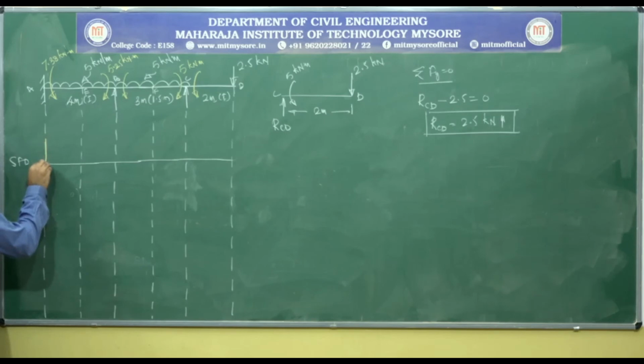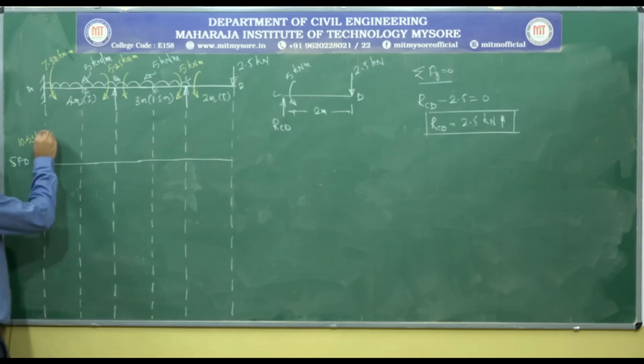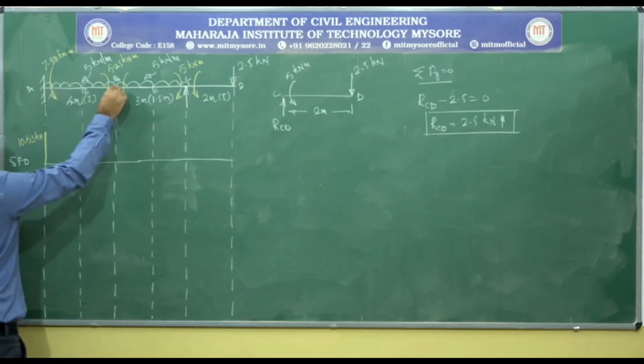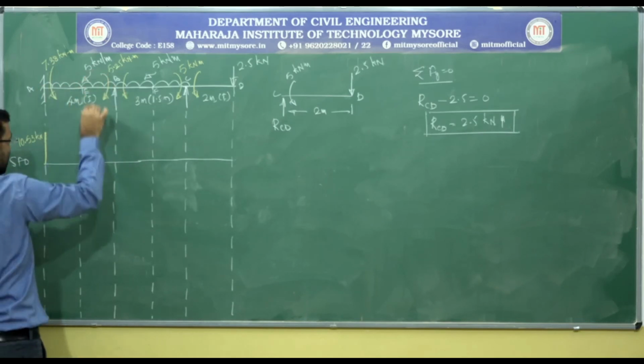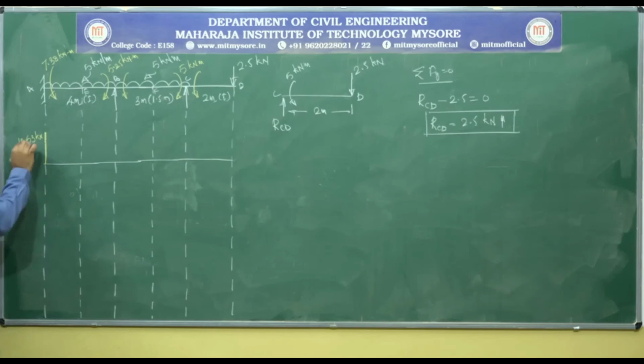As it is positive, I have taken it vertically up, and its magnitude is about 10.53 kilonewtons. After A up to B point we have a UDL which is acting vertically downwards.